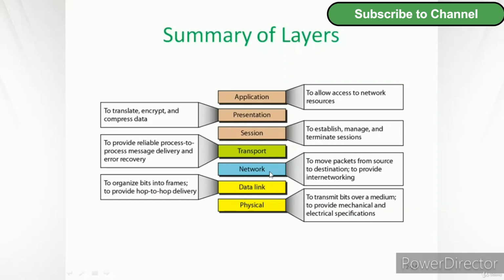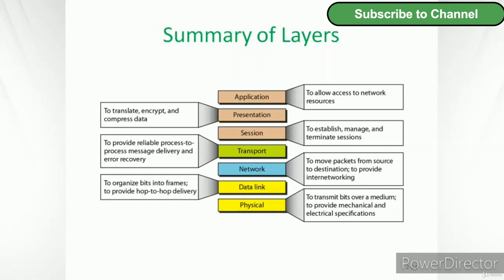Then the network layer moves the packets from source to destination. Data flows at this layer in the form of packets from source to destination, and it provides internetworking. As I told you, logical addressing and routing are the functions of the network layer. Logical addressing is nothing but the IP address.